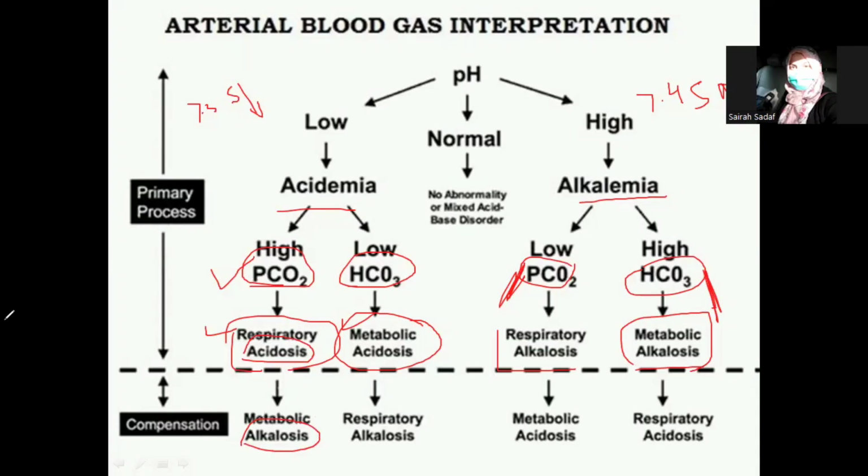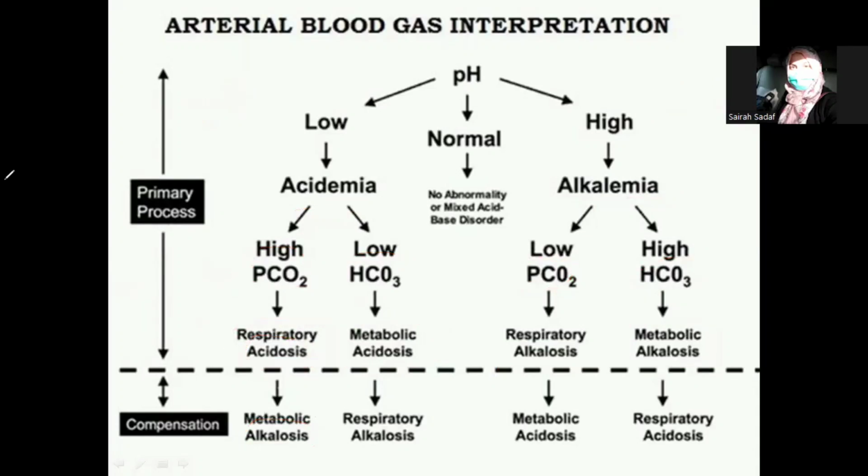Respiratory acidosis will be compensated by the opposite, that is metabolic alkalosis. Metabolic acidosis will be compensated by its opposite. Metabolic part will be compensated by respiratory, and acidosis will be compensated by alkalosis. And same goes here.